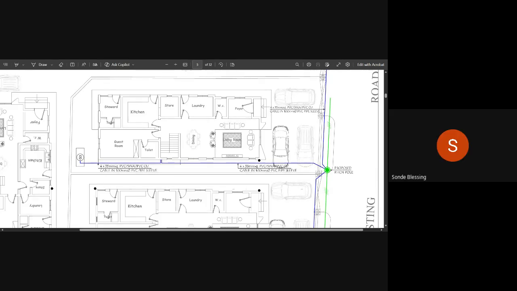Yes, sir. Now you can see the drawing I sent to you, the picture I sent to you in the group, the picture that your Oga sent. Do you see it?